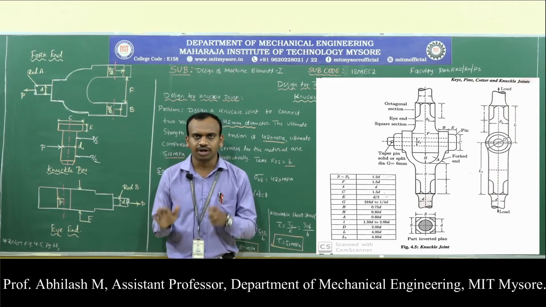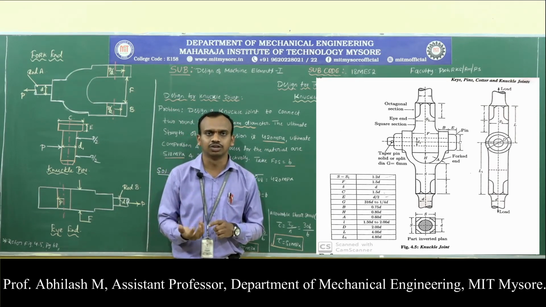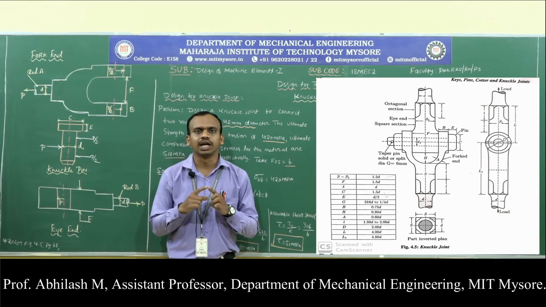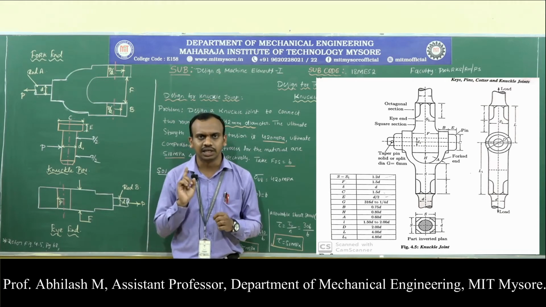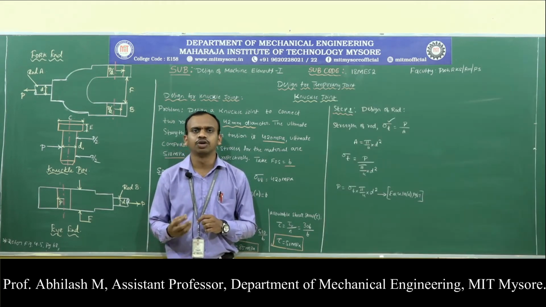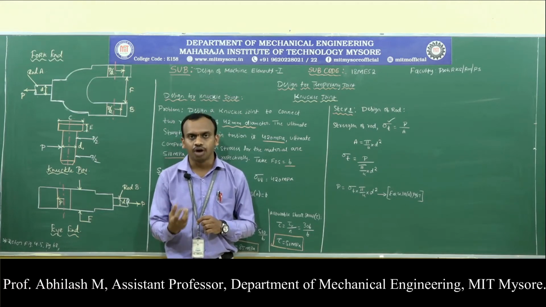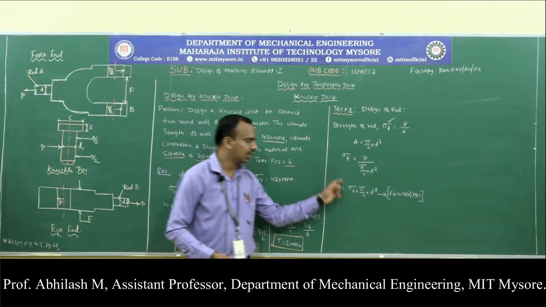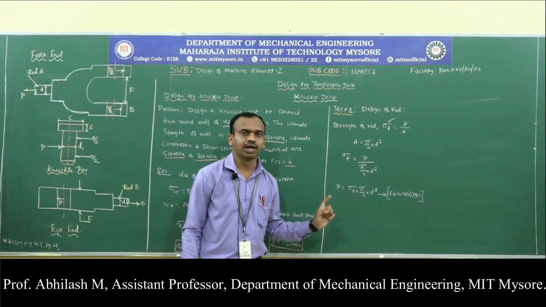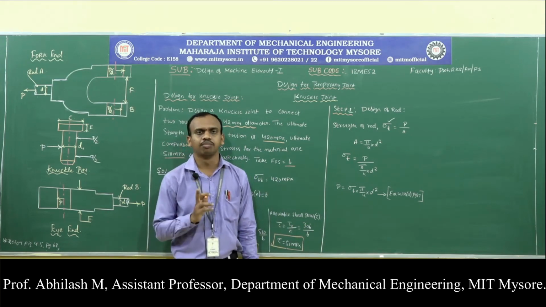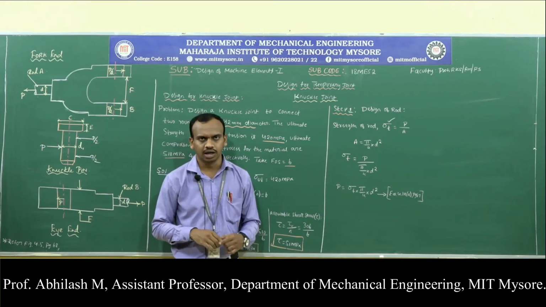Looking at that figure, you will easily understand what parameters I should determine. Try to calculate all the parameters present in that sketch. Similarly, to do the calculations, under page number 67 we have all the equations. So referring to page numbers 67 and 68 becomes very important while designing the knuckle joint.